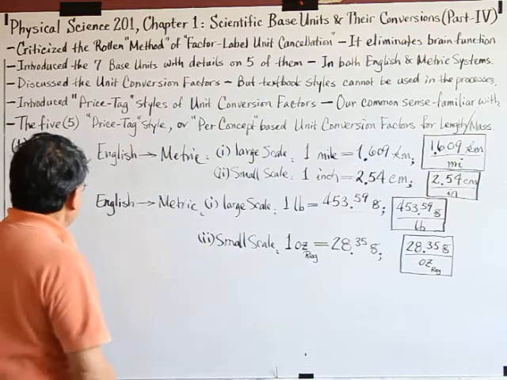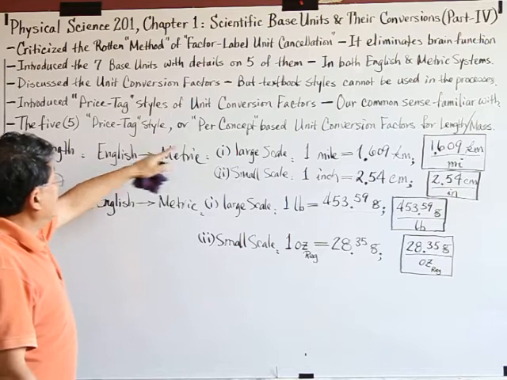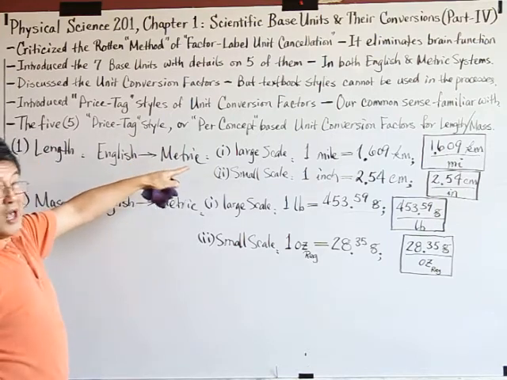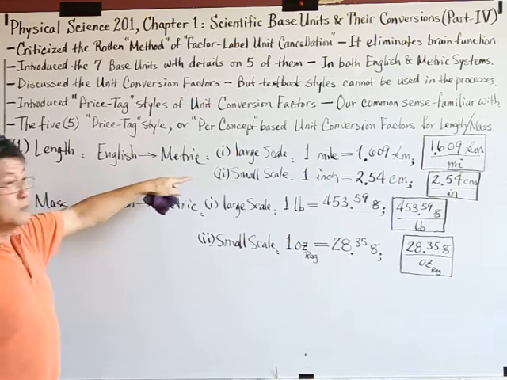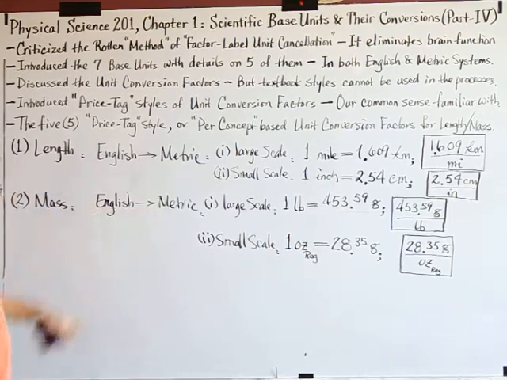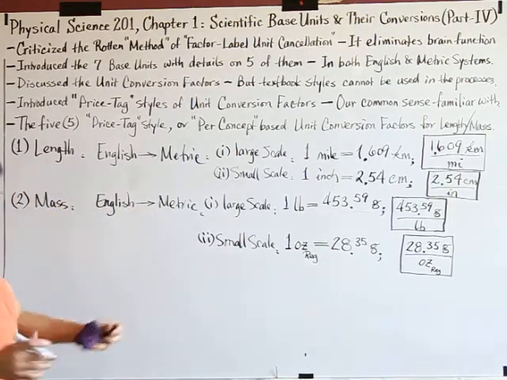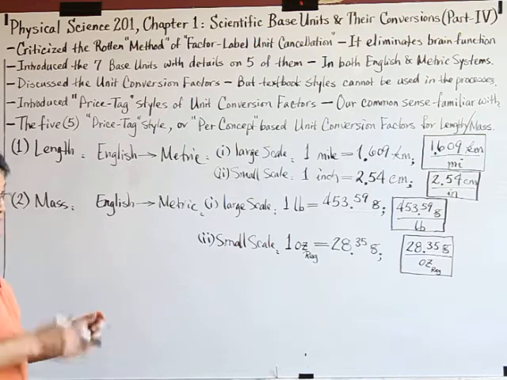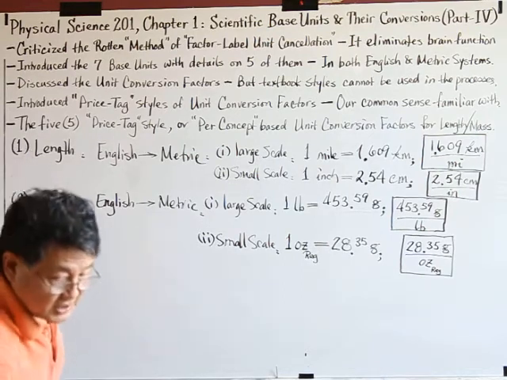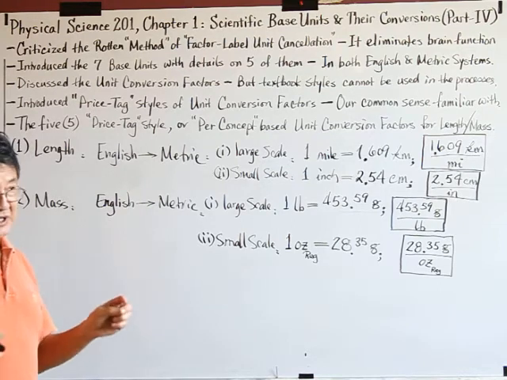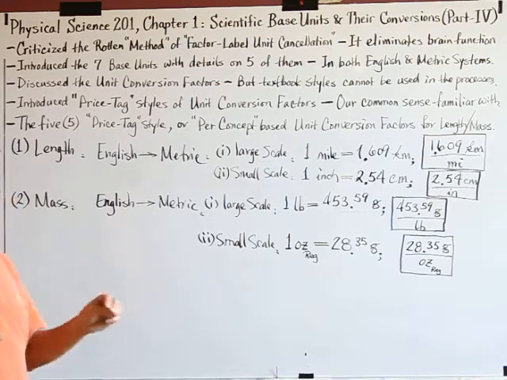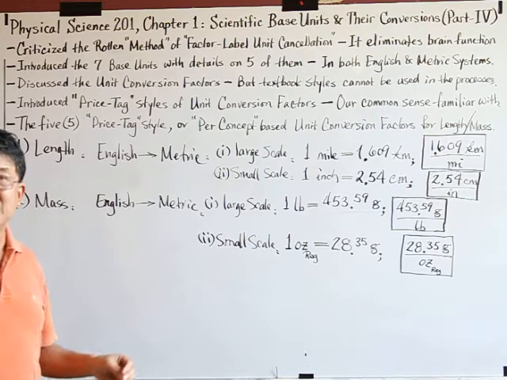Last one. These are for converting from English system units to metric system units, right? Both. But then I'll give you one more. All right, because for mass the standard base unit in the metric system is not gram, it's a kilogram.